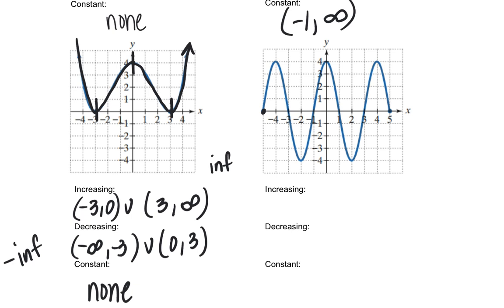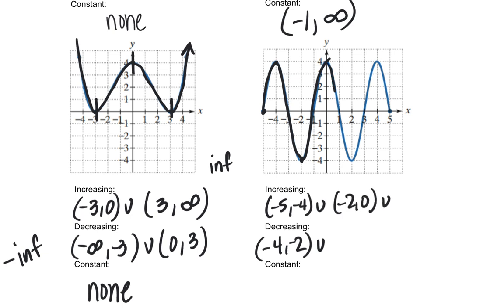So I am increasing from -5 to -4. I am decreasing from -4 to -2. And then I start increasing again, from -2 to 0.